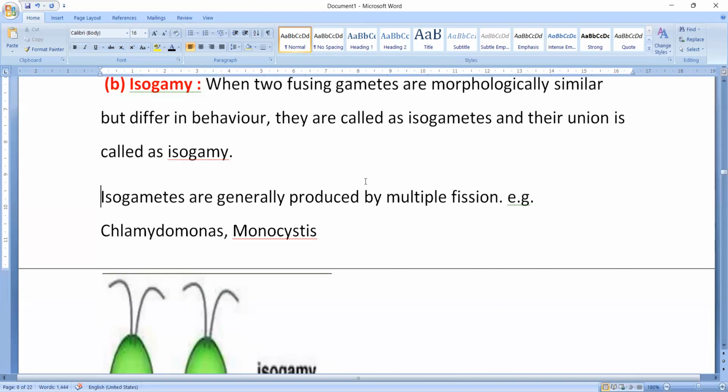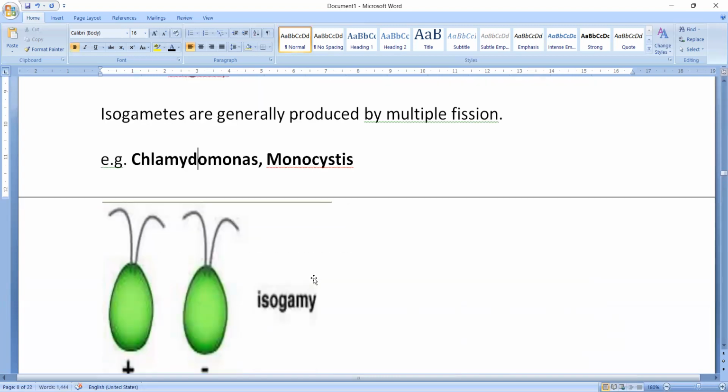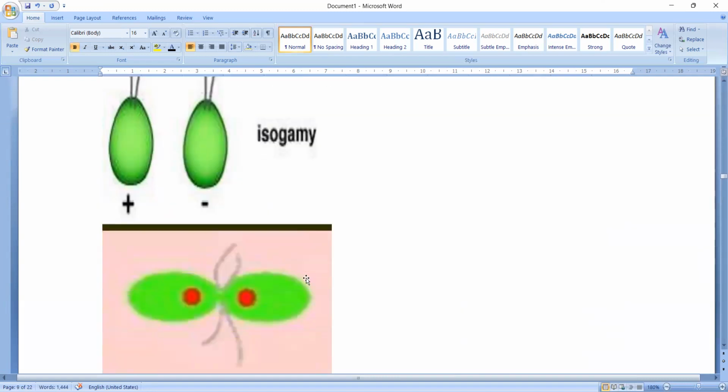Okay, we cannot determine which one is male, which one is female. So anyway, isogametes are generally produced by multiple fission. So examples for isogamy are chlamydomonas, monocystis. You remember these two names. Okay, chlamydomonas and monocystis. So that is isogamy.